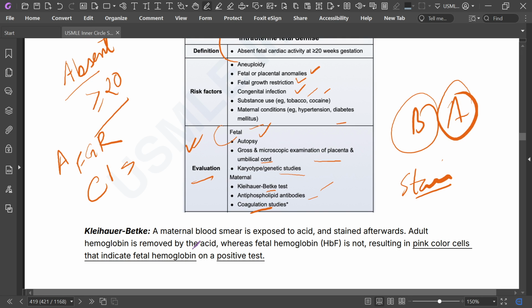Adult hemoglobin is removed by the acid, whereas fetal hemoglobin is not, resulting in a pink color that indicates fetal hemoglobin on a positive test.